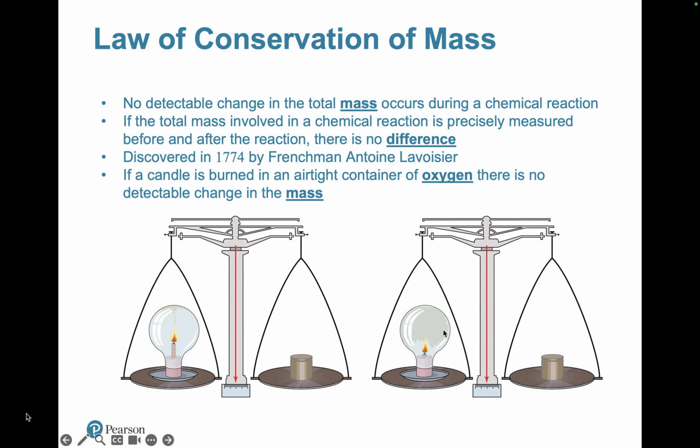So what that means is that in this chemical reaction, going from a big candle to a very small candle that got completely melted down, even though there was a chemical reaction and you saw physically something change, there was no actual disappearance or destroying or creating of any matter because it just changed.